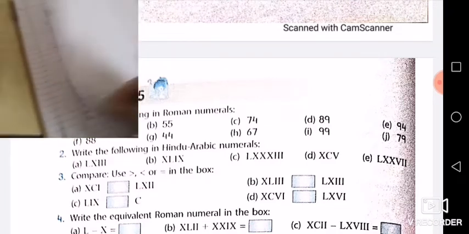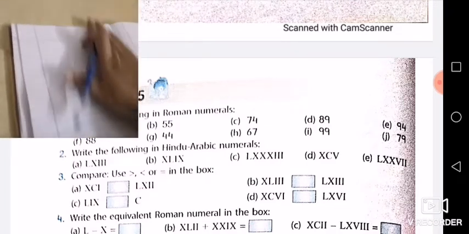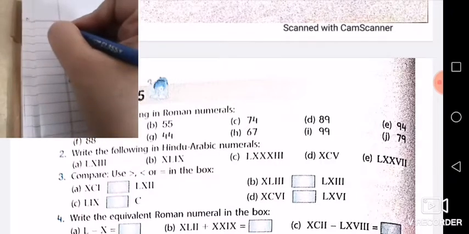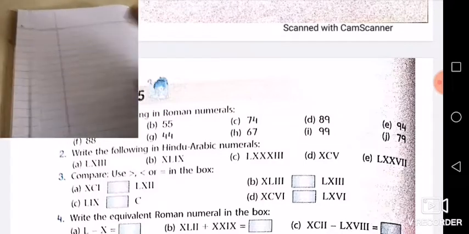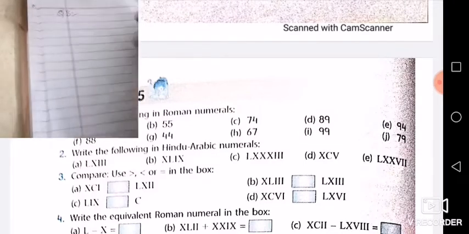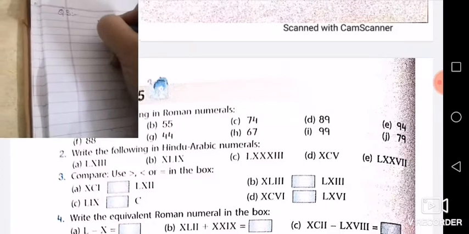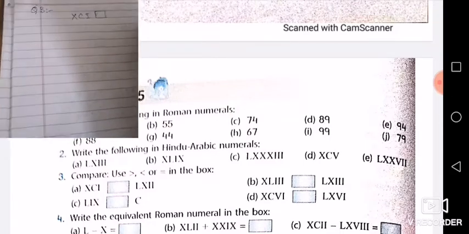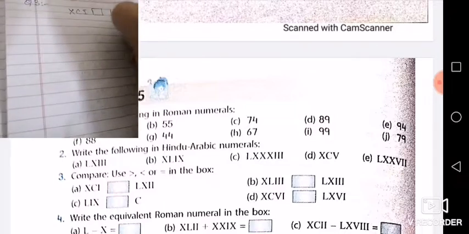See here, I'll show you this question, question number 3. You have to find out that number. Only comparison you have to do. The number is given XCI, then put a box here. This question you can do in your book itself.